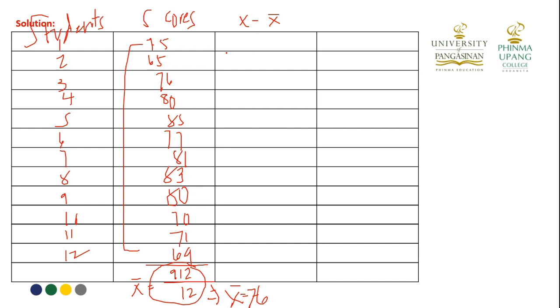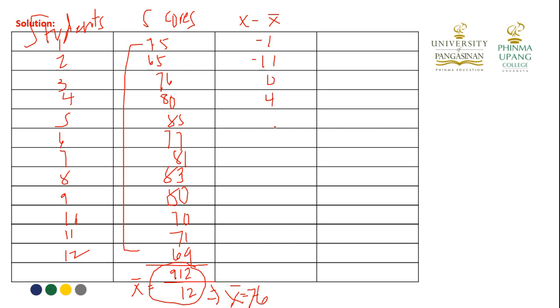Next, x minus x bar. So, x is 75 minus 76, that is negative 1. 65 minus 76 is negative 11. 76 is 0. 80 is 4.